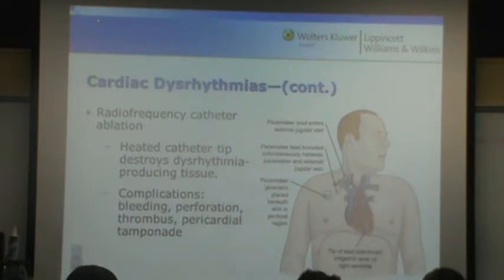When they do this, some complications that they can experience, obviously bleeding, because we're going in through a vein here, right? If you notice there, they're talking about the pacemaker lead, it enters the external jugular vein. Because we're having to go in through the vessels there, obviously bleeding can be an issue.